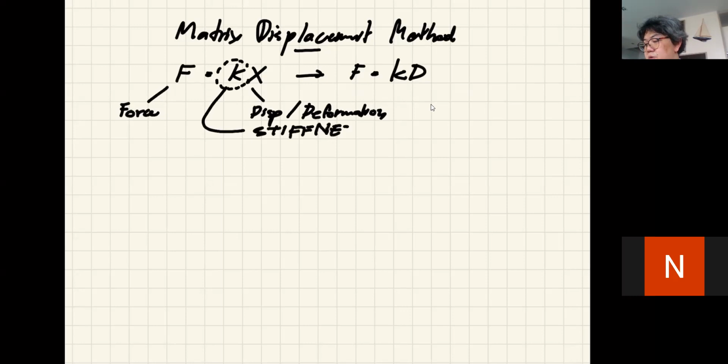Because you can see from this simple equation that stiffness relates force to the deformation of the structure, that is why it is the most important property of the structure itself. That is why I always emphasize that you should be able to identify stiffness, whether it's in continuous beams or in frames.